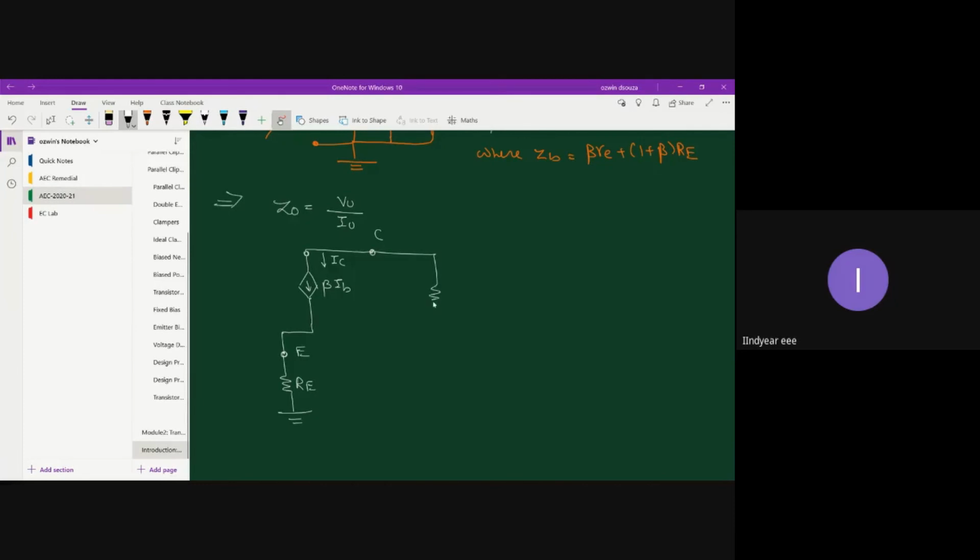And you have your RC resistor connected here, and this is where you are going to observe your output V0, minus and plus, and this is what you claim as your output impedance Z0. Now finding output impedance is also easy actually, provided you carefully observe this particular step.